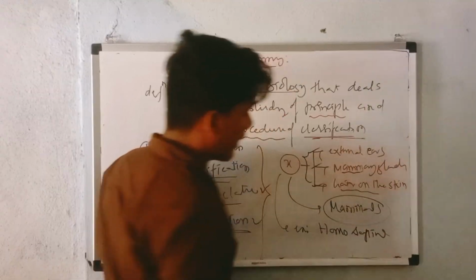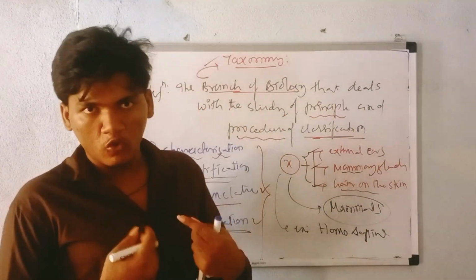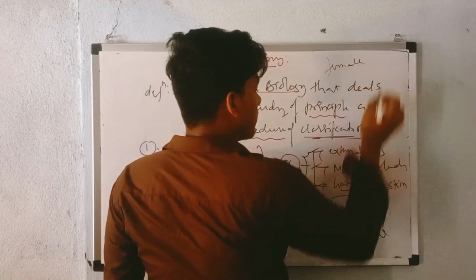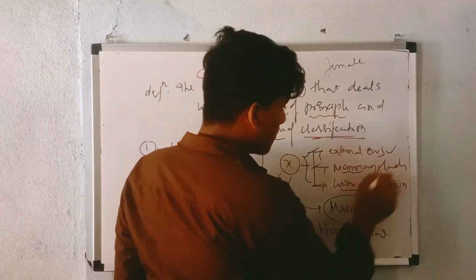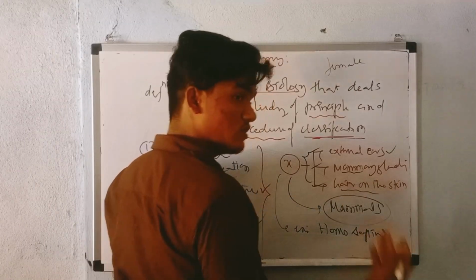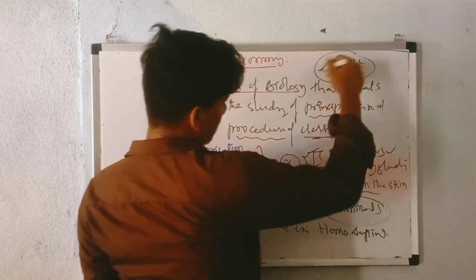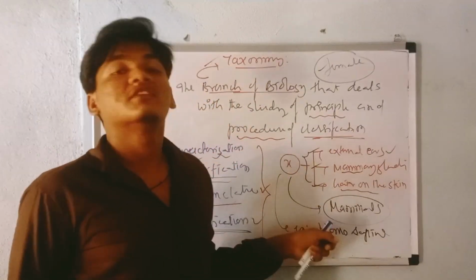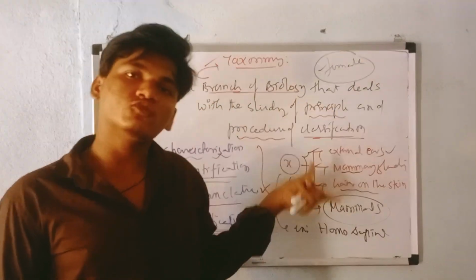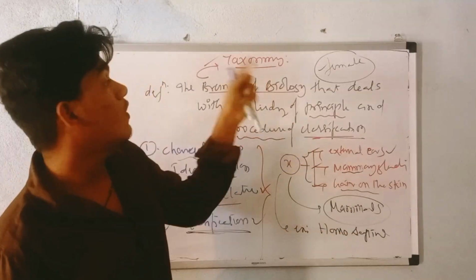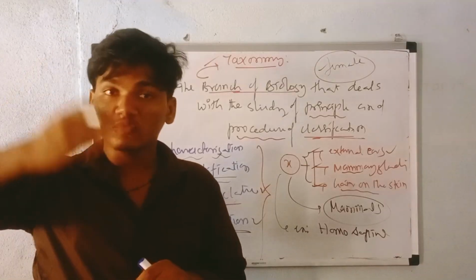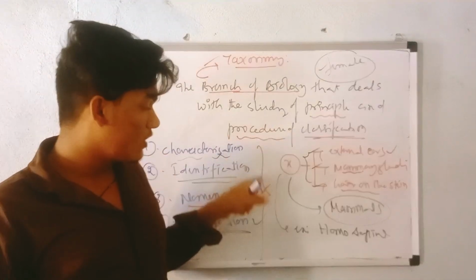So now you can do that. Homo sapiens, we are the Homo sapiens. Let's take the female. In the female, there are external ears, right? There are mammary glands, right? There is hair on the skin, right? Everything is present. So all the characters are present, and it is a mammal, and its name is Homo sapiens. Like this, you have to do. This is called taxonomy, and these are the basis of taxonomy. These are the steps of taxonomy.